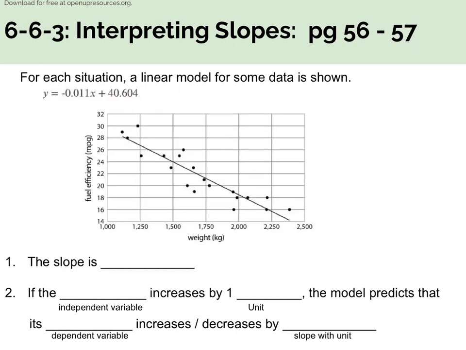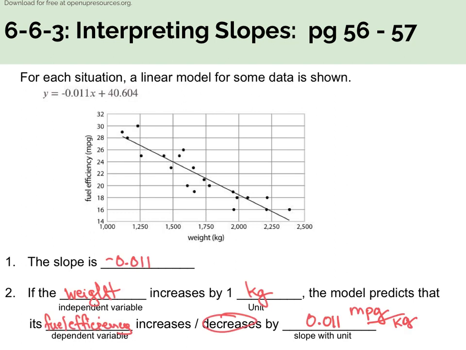Here is example number 2. Figure out your slope and what it means, and then come back to me. The slope is negative 0.011. If the weight increases by 1 kilogram, the model predicts that the fuel efficiency decreases by 0.011 miles per gallon per kilogram.